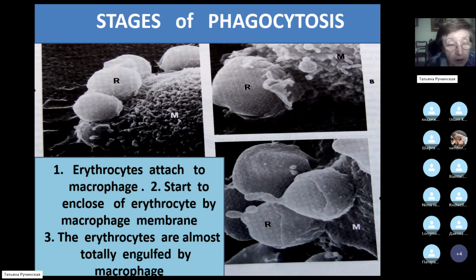Now you see, the white oval is the erythrocyte, the red blood cell. You see the attachment to the red blood cell, then in the right upper corner, the macrophage begins to release pseudopodia which surround the red blood cell.